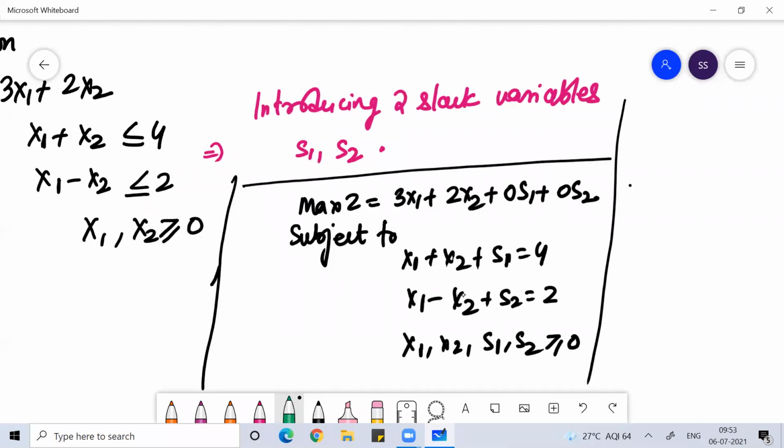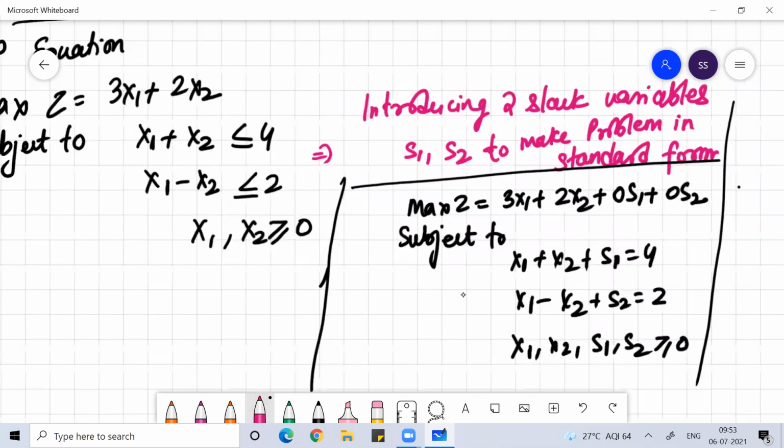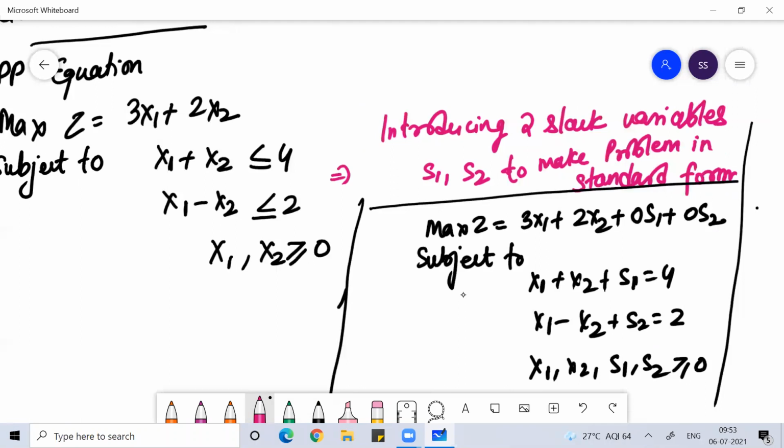Using two slack variables s1 and s2 to make the problem look like it is in standard algebraic form. This was your equation. With this equation, I introduced two slack variables s1 and s2 to make the constraints have an equal to sign. This I did. Clear everyone?